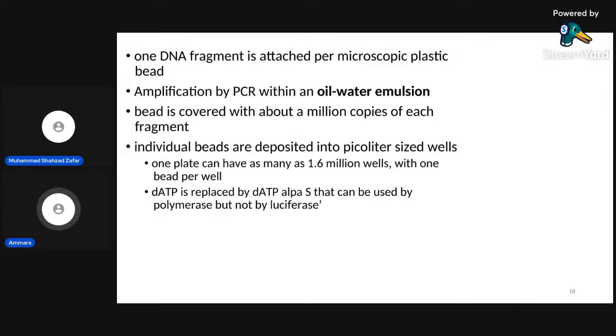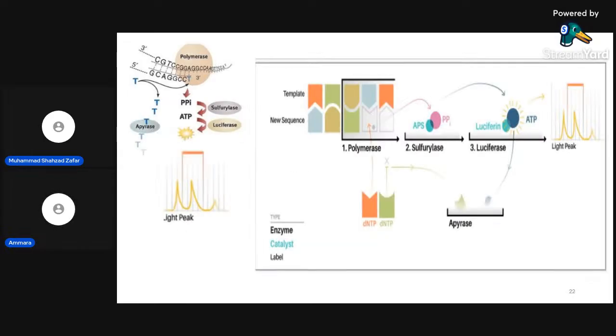And the next approach is different from pyrosequencing. This figure is also about pyrosequencing, how light is generated. Basically, when a complementary dNTP is attached, pyrophosphate will be released.